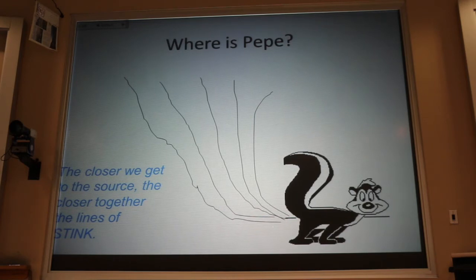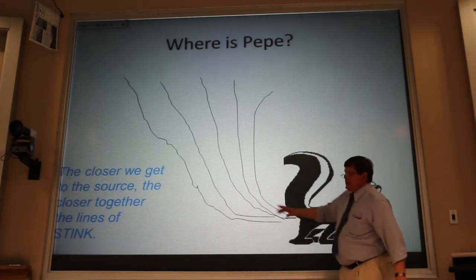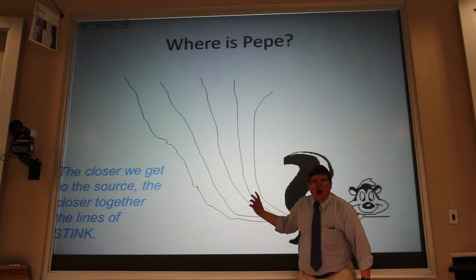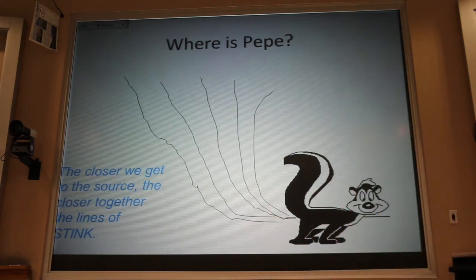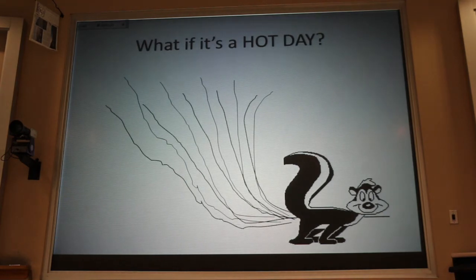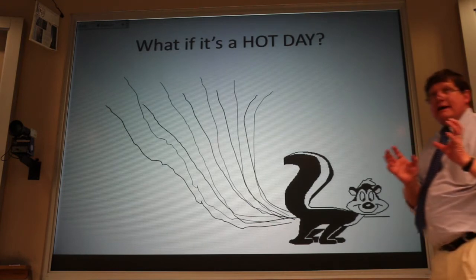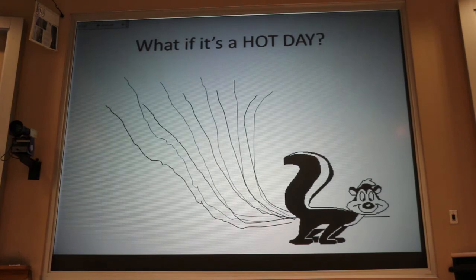Very much like lines of stink. Now, when lines are getting close to each other, the stink is stronger. The electric field is stronger. And what if it's a hot day? On a hot day, Pepe really stinks. And we're going to find that if I've got a big source charge, I'm going to have to represent that with more field lines.